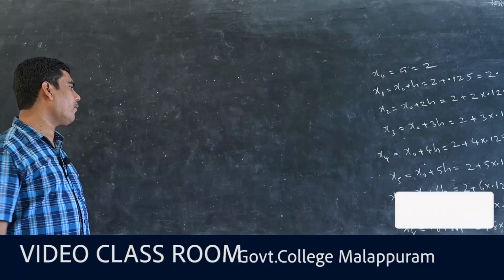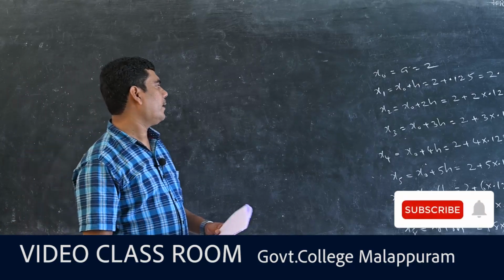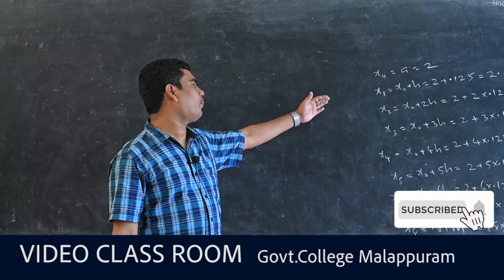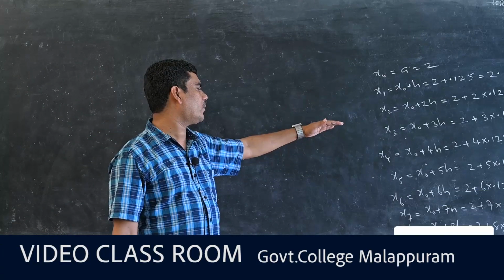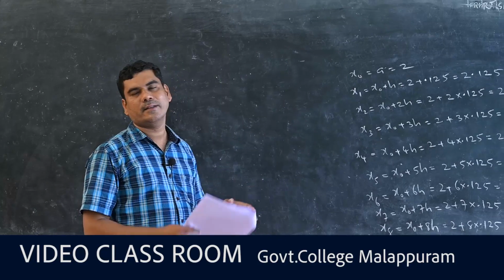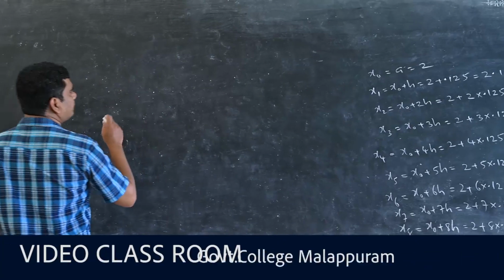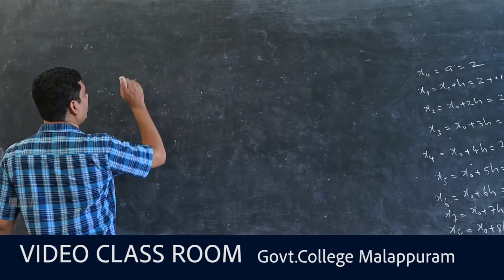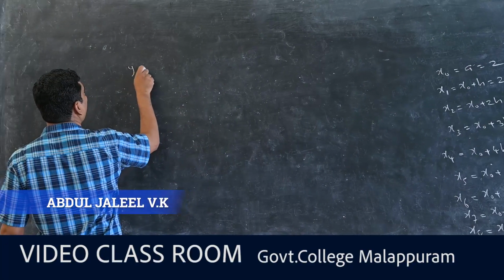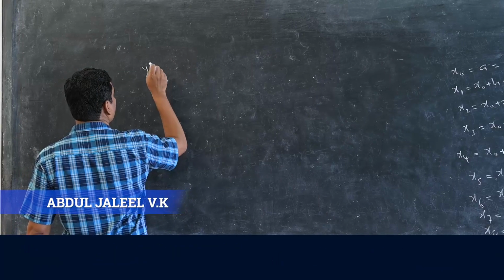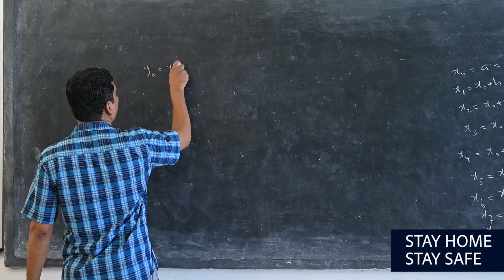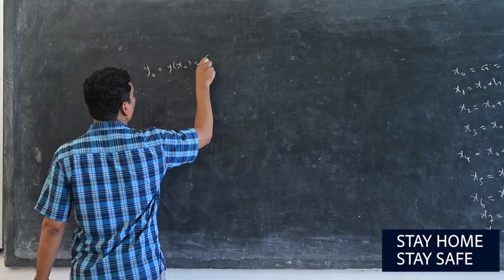Now find the value of the function at these points x0, x1, x2, x3, etc., x8. That is the endpoints of the subintervals. y0 is y of x0, which is f of x0.